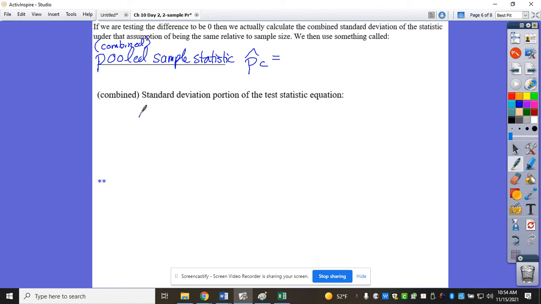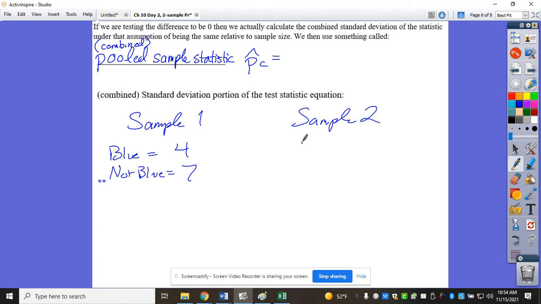Alright, so don't write what I'm writing. Let's say I'm claiming that the proportion in sample 1 blue is the same as the proportion in sample 2 blue.